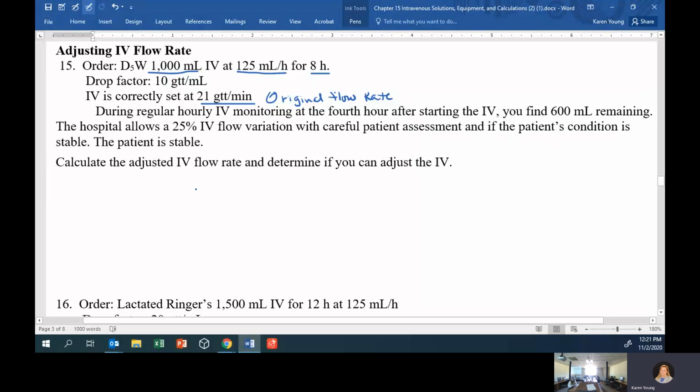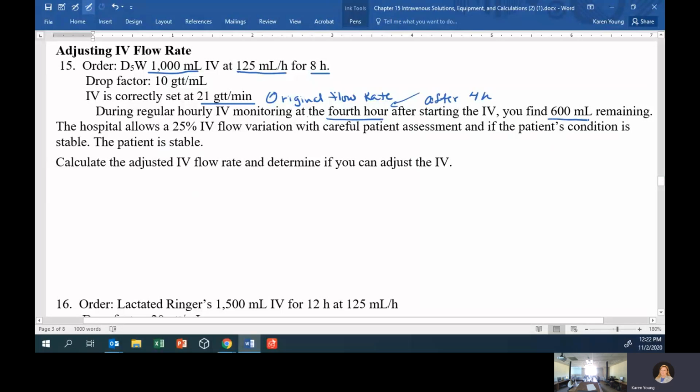So during your regular hourly IV monitoring at the 4th hour, this means that 4 hours have passed. After 4 hours, you find that 600 milliliters is remaining.